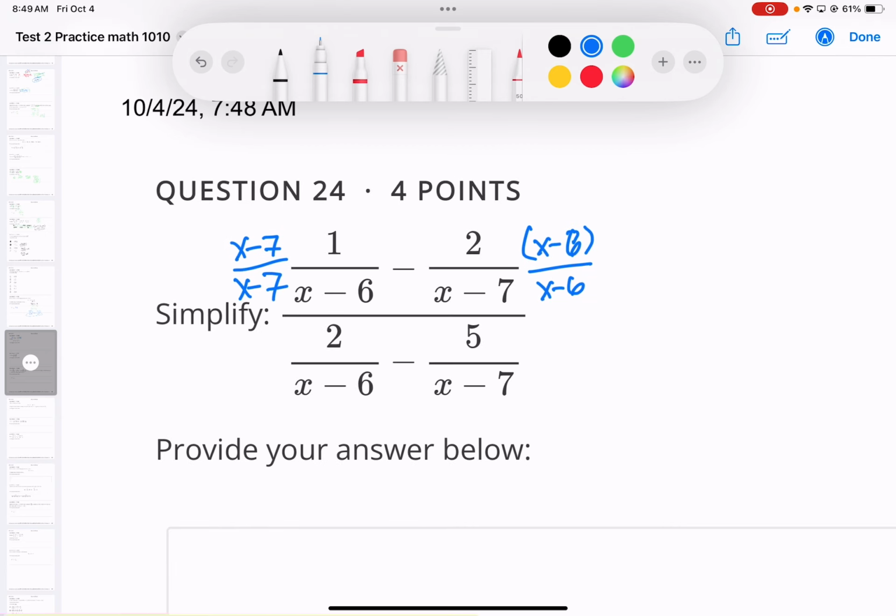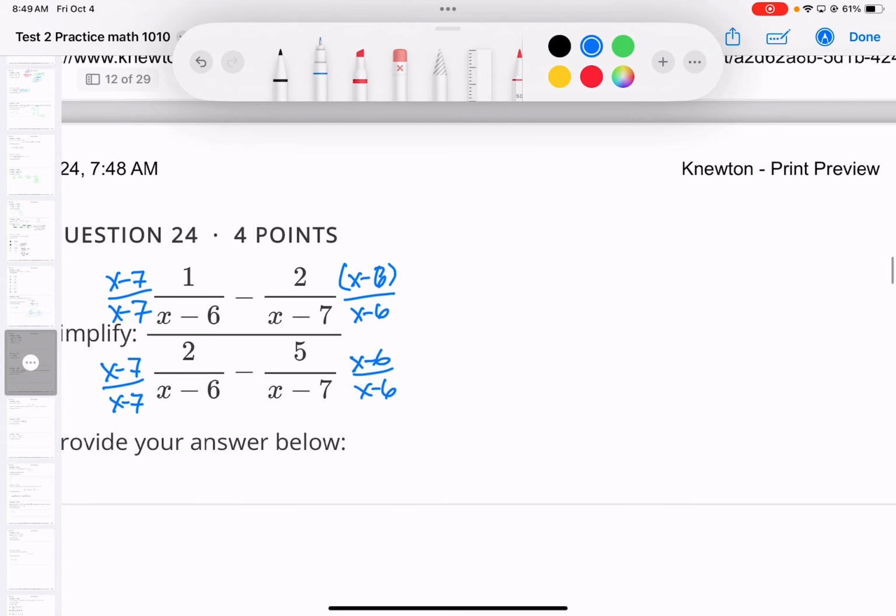And I'm going to do the same thing down here on the bottom, right? Okay, so I'm going to get x minus 7. And then this is a negative 2, so I'm going to distribute that in right now. All of this is going to be over x minus 6, x minus 7.